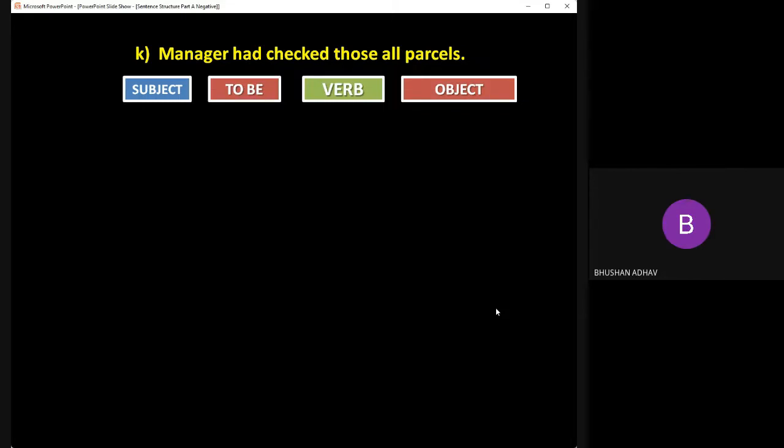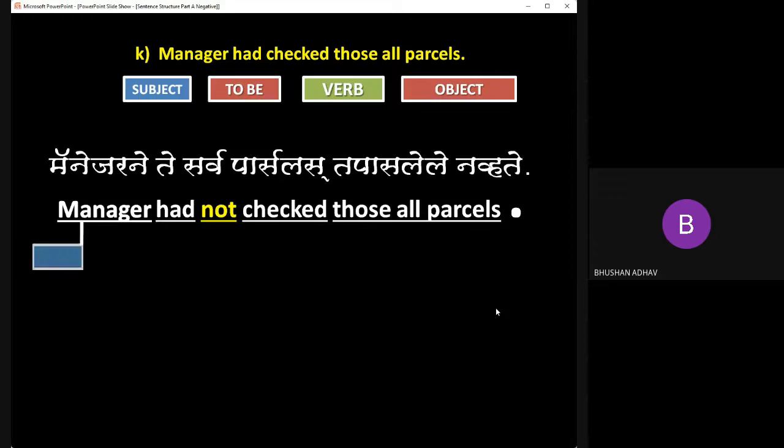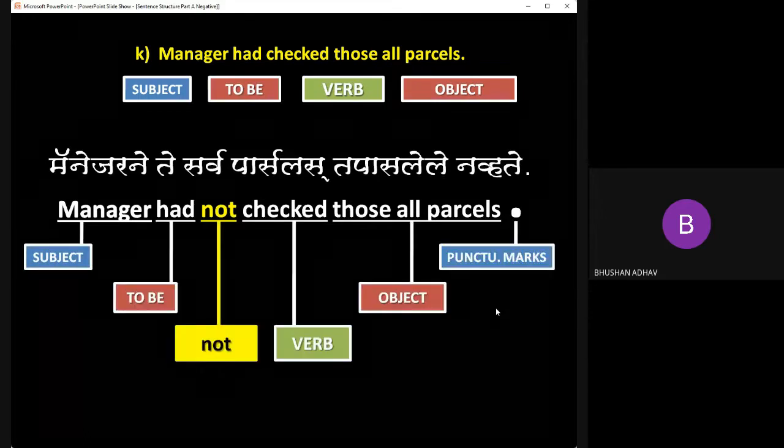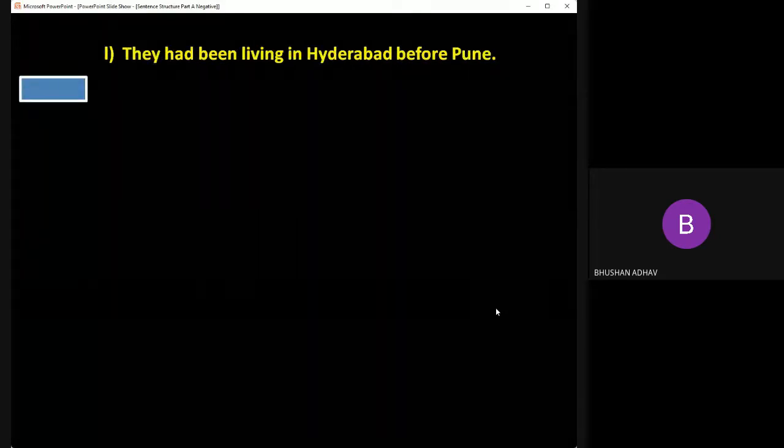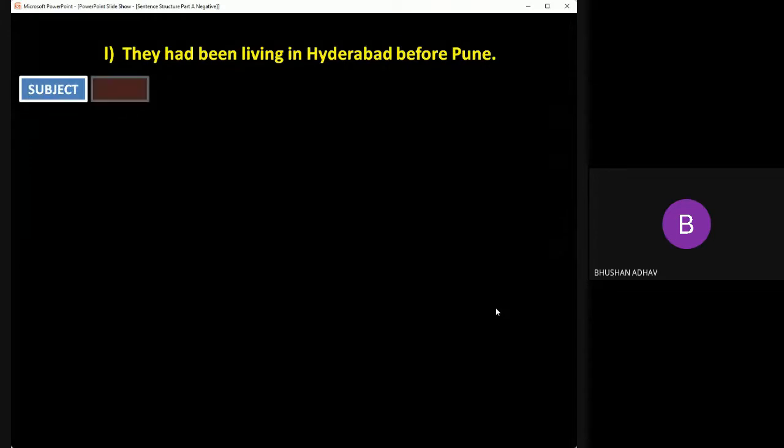That is absolutely right. Because after had, if there is a verb, don't take tension, just put not after the had. Manager had not checked those all parcels. Very good. Had been: what you need to do is just put not after the first word of a to be form.